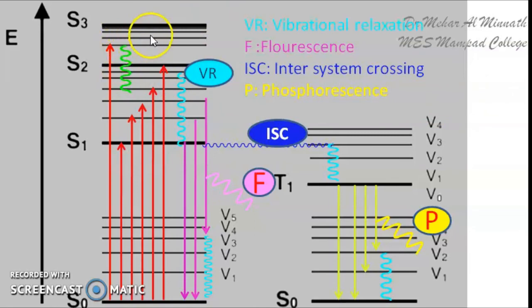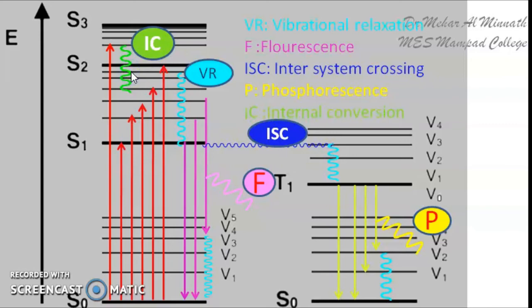It is a sort of relaxation mode from a higher electronic state to the next lower electronic state of the same multiplicity. That's important. This is between the electronic states of the same multiplicity. Now this is called internal conversion.